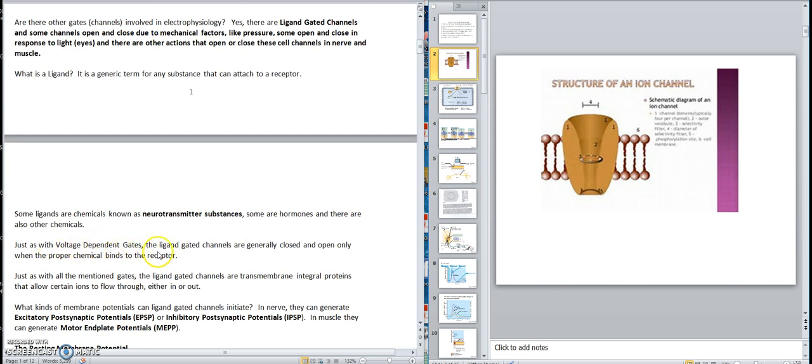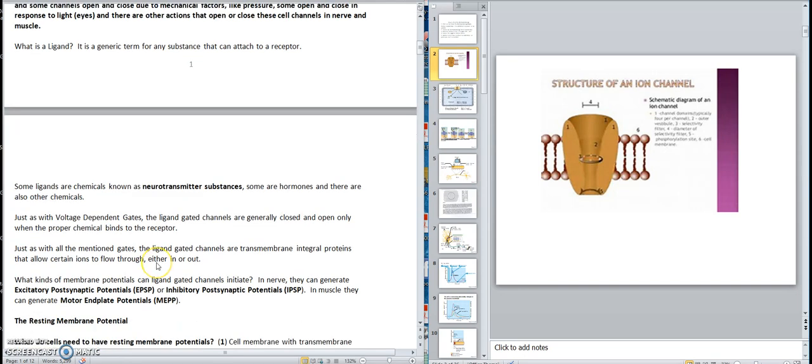Just as with voltage-dependent gates, the ligand-gated channels are generally closed and open only when the proper chemical binds to the receptor. Again, passive leak channels were the only ones that stayed open all the time. These others are generally closed and open only when something comes along. The ligand-gated channels also are transmembrane integral proteins that allow ions in and out.